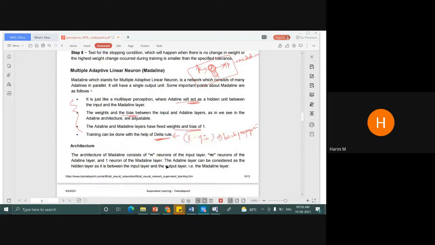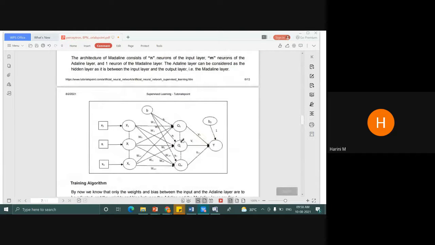Again, we go into the training part. So this is the architecture. Now see, this is your Adaline network. This entire thing is known as Madaline. So what do you have to do here? In the earlier cases, you had a single layer, so you calculated y directly. But before calculating y, you have to calculate Q with respect to weight and input.